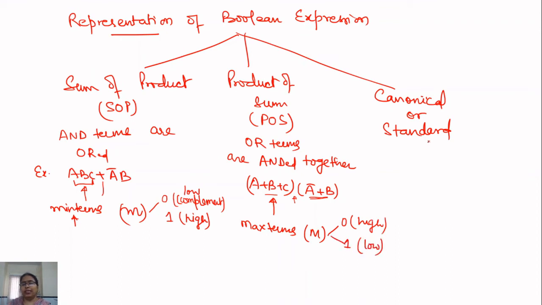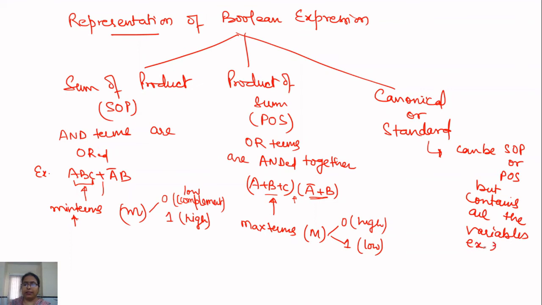Now, what is the canonical form? It can be a SOP or POS form, but it contains all the variables. Example is A B C plus A bar B C bar.